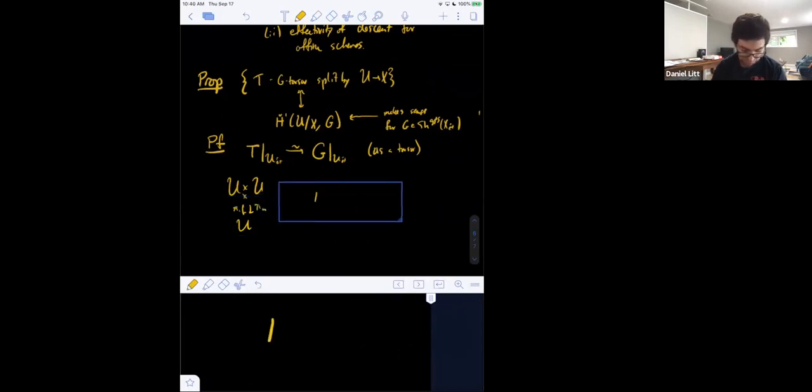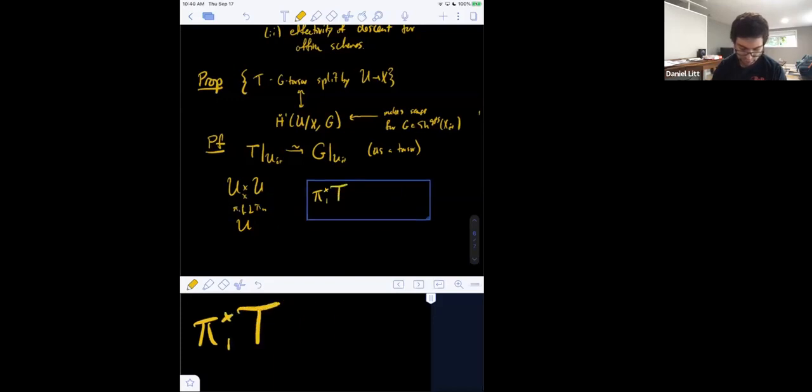Once we do this, we get an isomorphism pi1 star of T to pi2 star of T.